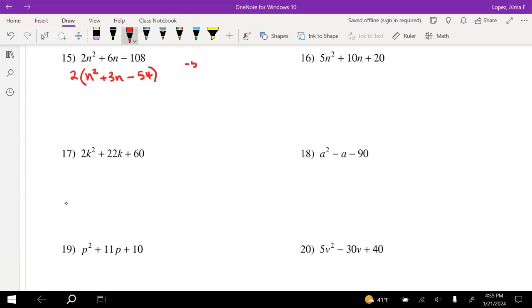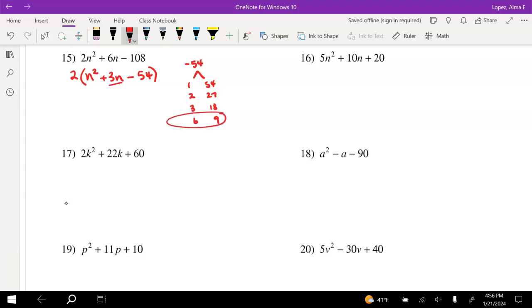So we're going to do the same thing we were doing before with the negative 54. Negative 54 is 1 times 54, 2 times 27, 3 times 18, 4 doesn't go into it, 5 doesn't, 6 and 9. Now, I'm going to need a 3n, so I'm going to use the 6 and the 9.